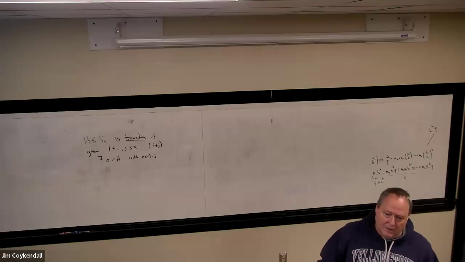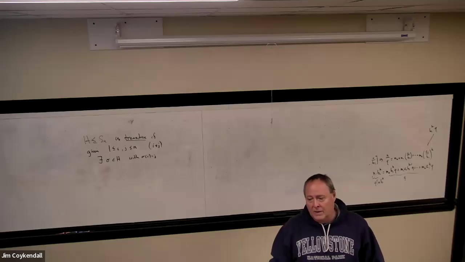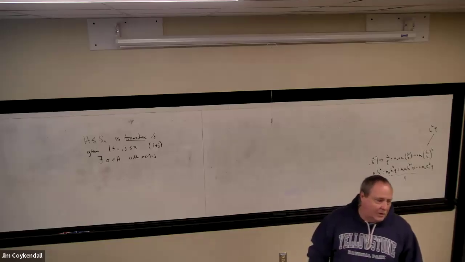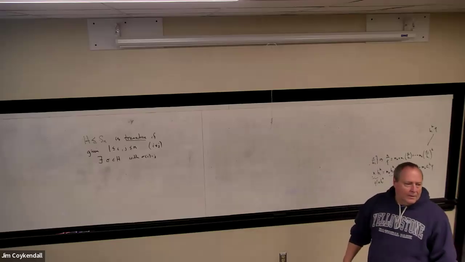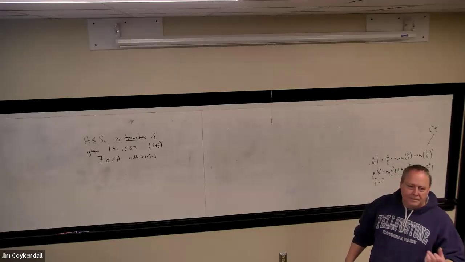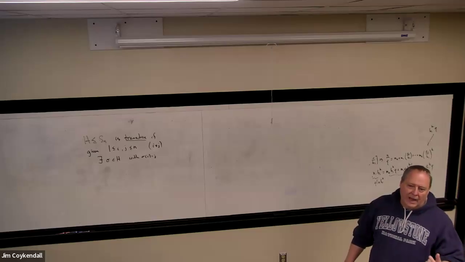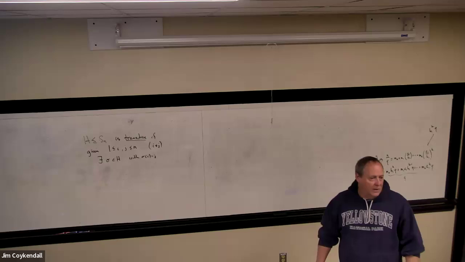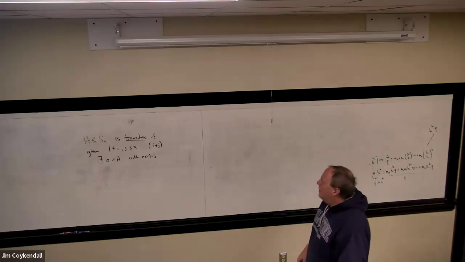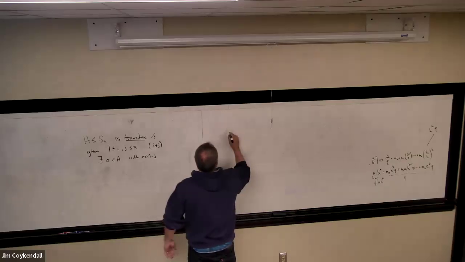And even though it may not seem like it, A_n is always transitive as well, as long as n is at least 3, because you have 3-cycles. If you want i going to j, just do (i j k). If you've got at least 3 things, you've got enough to go. So these are transitive.